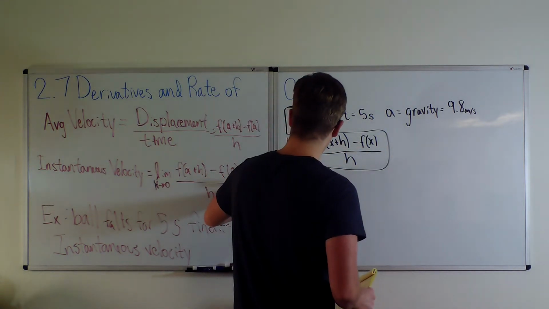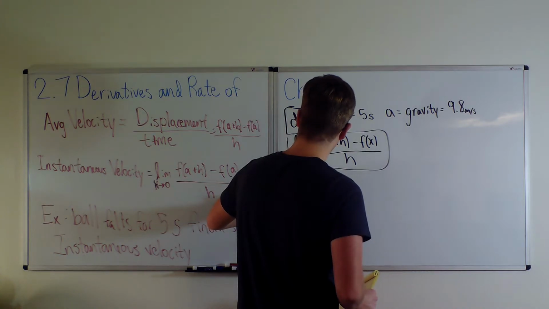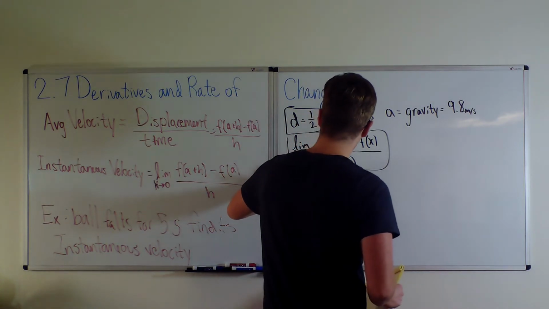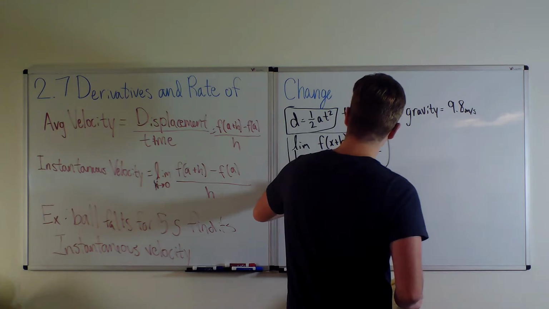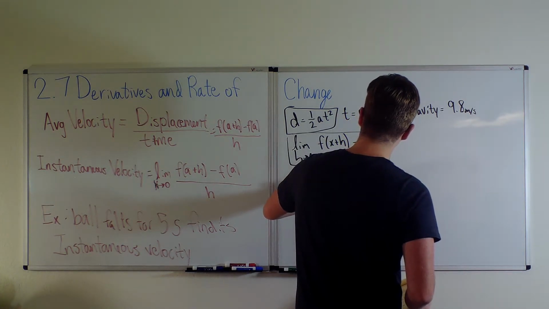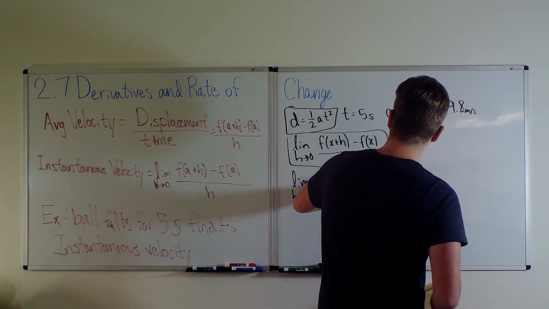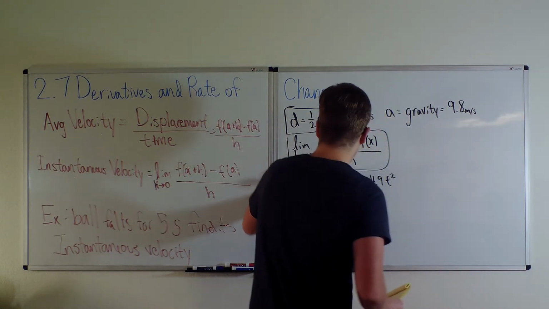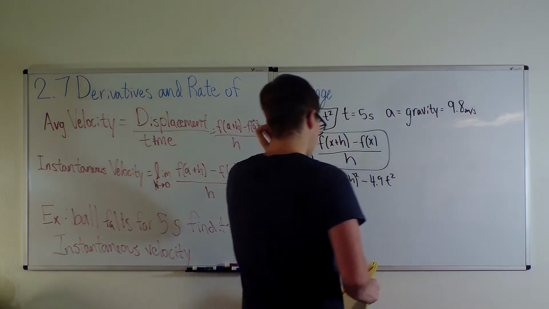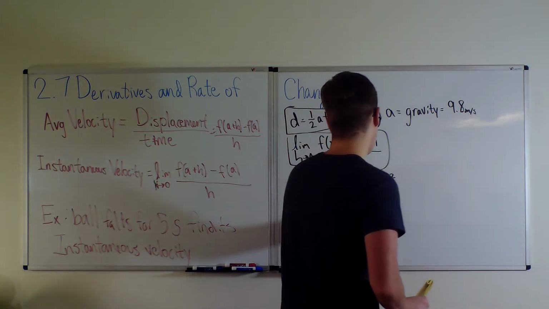So we got limit as h approaches 0 of 4.9 (t plus h) squared minus 4.9 t squared. Whoops, I was saying x's at the beginning, so I just changed those to t.